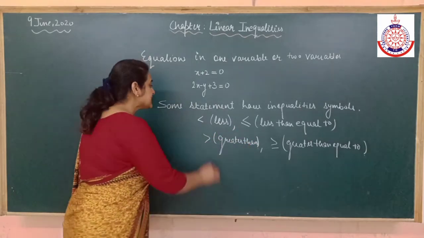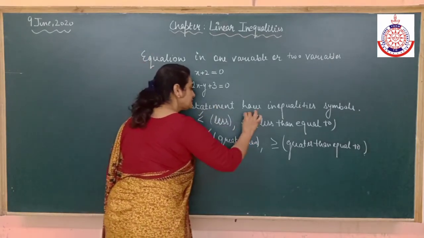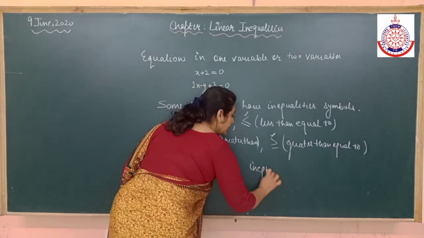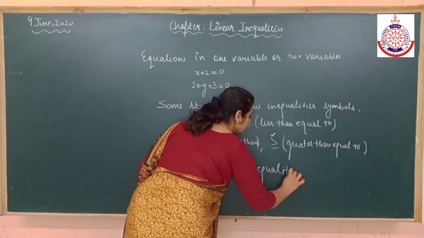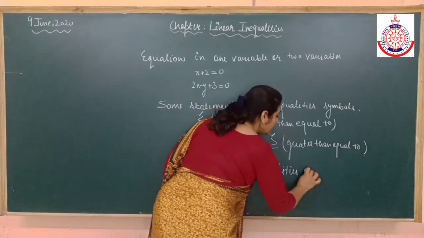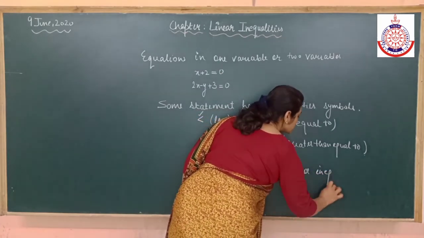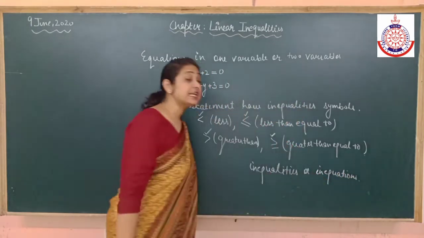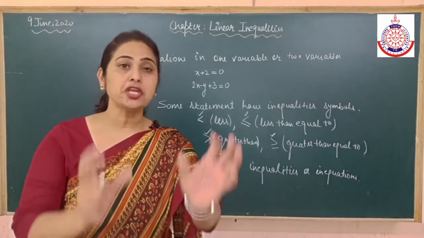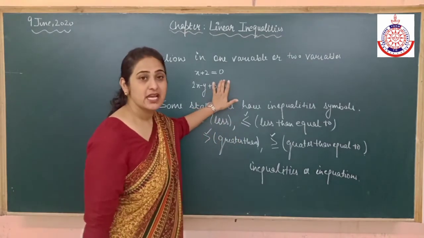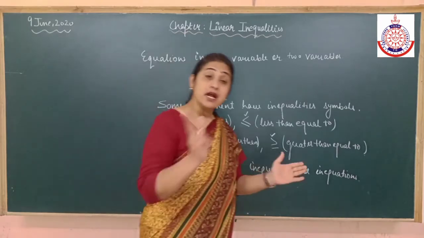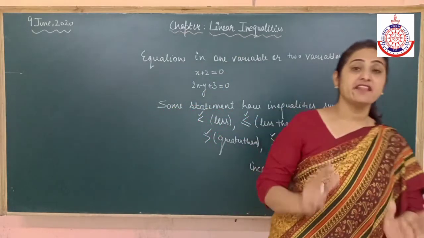Alright, so these symbols are called inequalities or inequations. Is it clear? Inequations. These are not equations. These are not equated to something. It is either less than or greater than or less than or equal to or greater than or equal to.